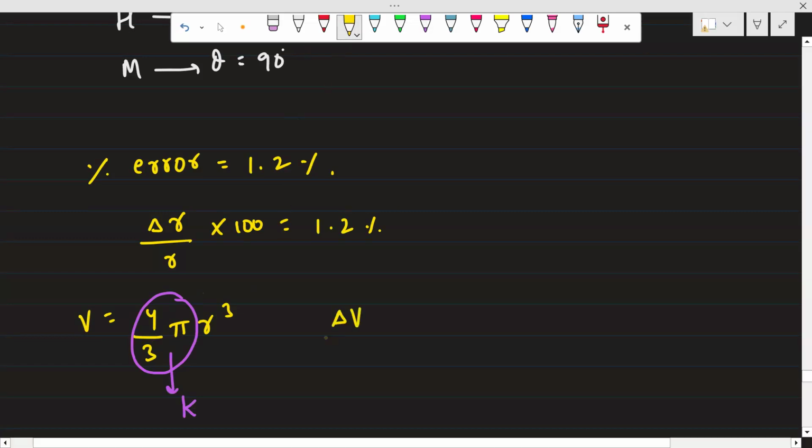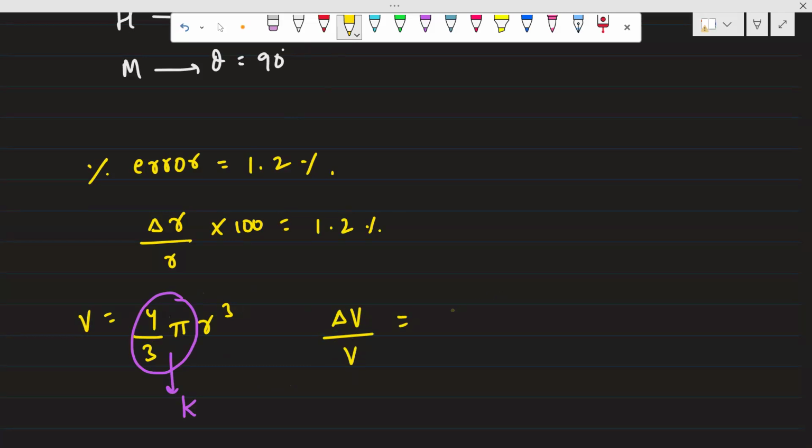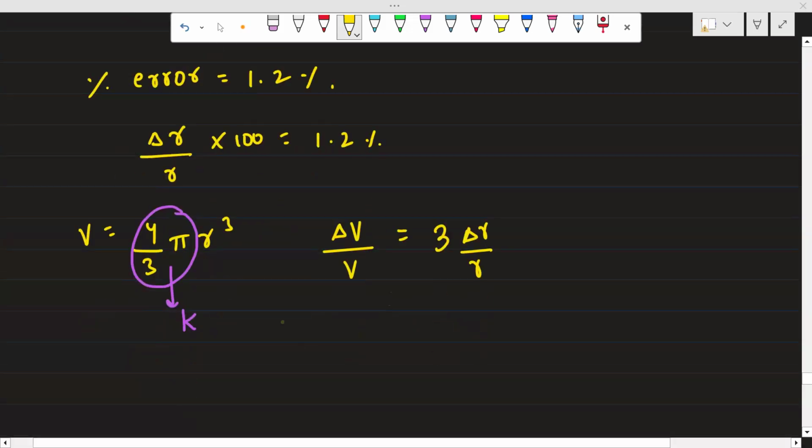Delta V by V, we write it like this, the absolute value by the absolute value. Whatever is the power, it gets multiplied to delta r by r. The question asks for percentage error, so we multiply both sides by 100.